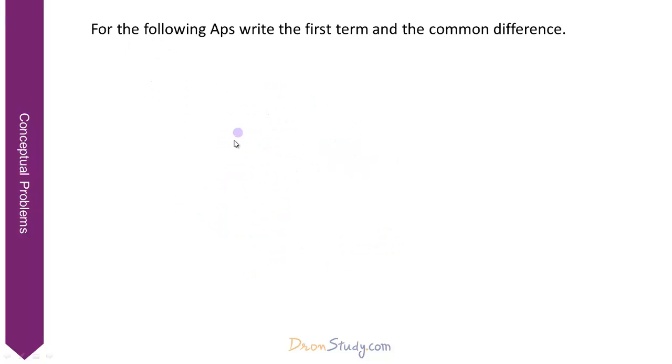Now the next question is, for the following APs, write the first term and the common difference. The first question is 3, 1, minus 1, minus 3. Here this AP is given and we have to write the first term and the common difference. The first term is 3.